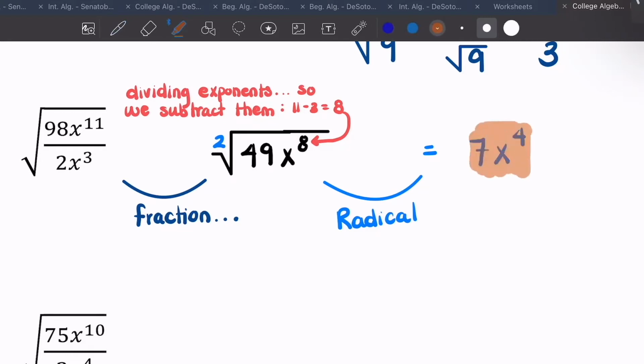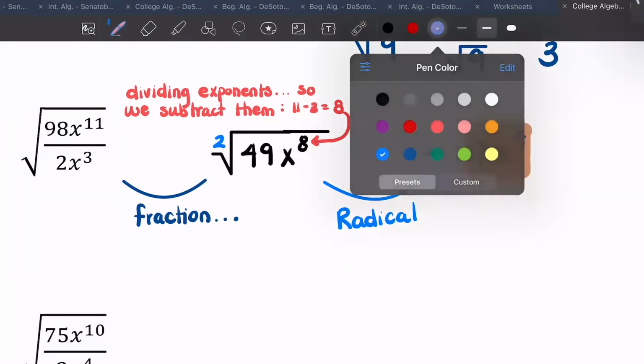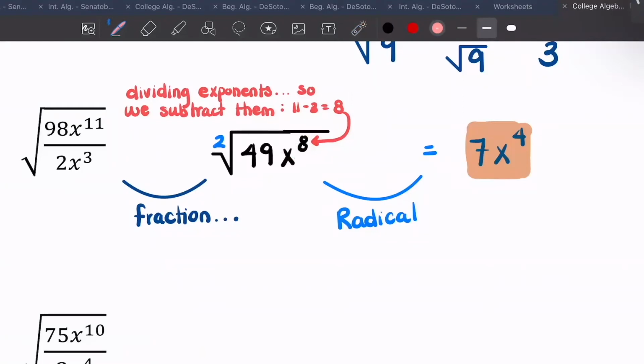7x to the 4th. And we can make a little note about what we did with our exponents here. So I'll circle them in the color and then write them in the color. Let's see. I can write right here. Okay. So we said 8 divided by 2.